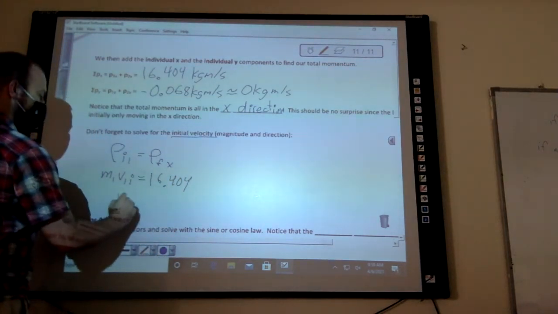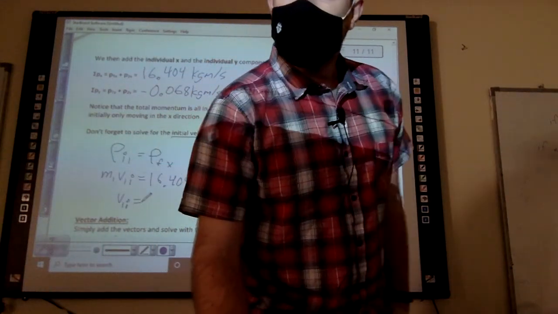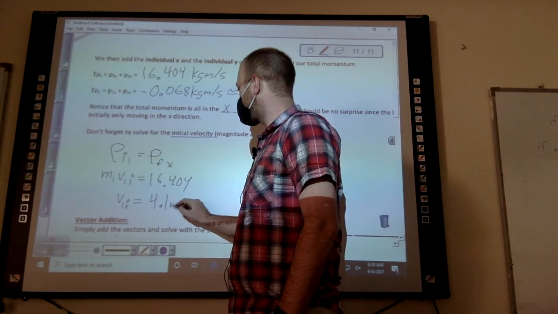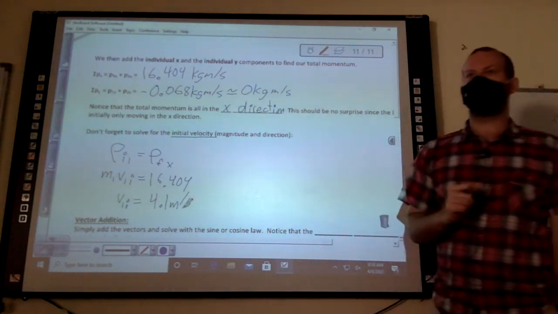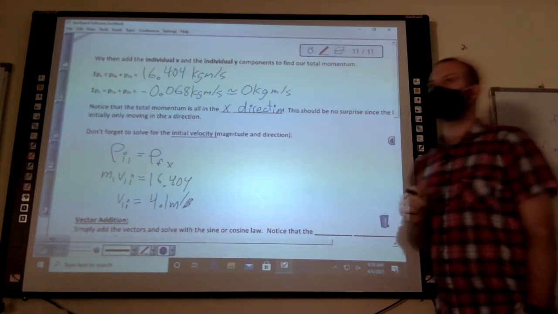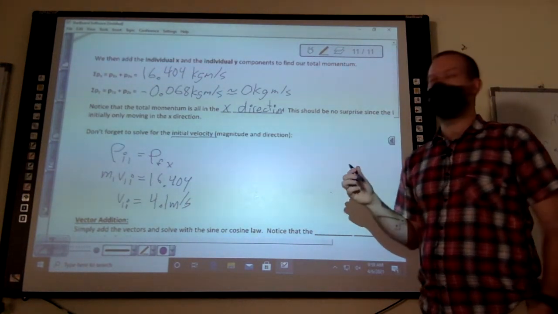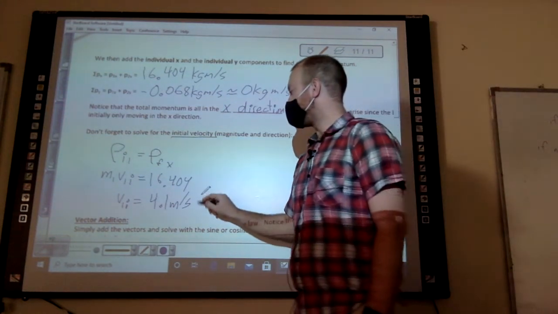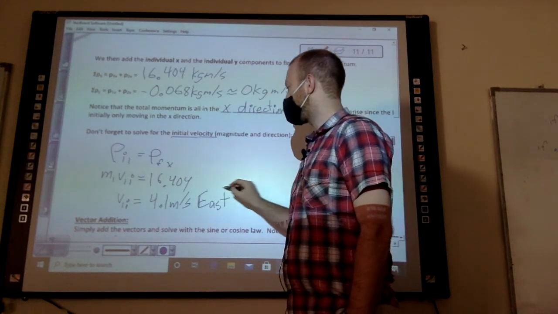Therefore V1I is equal to 4.1. And what's our direction? Direction is east. You're already told it's east, but don't forget to write it.